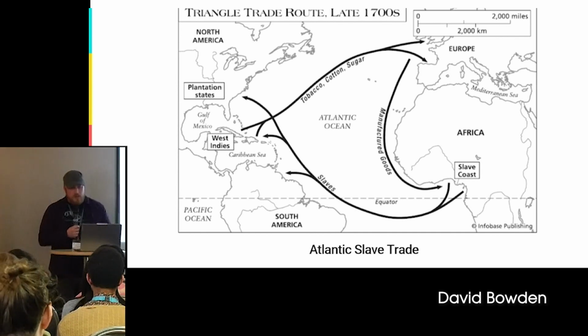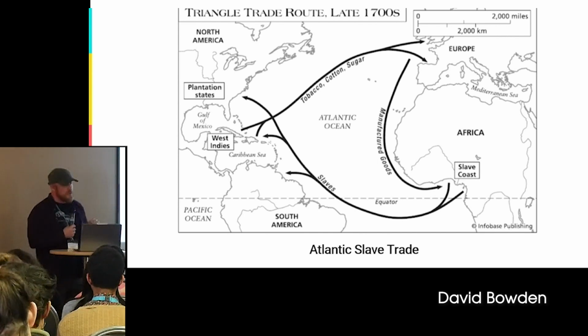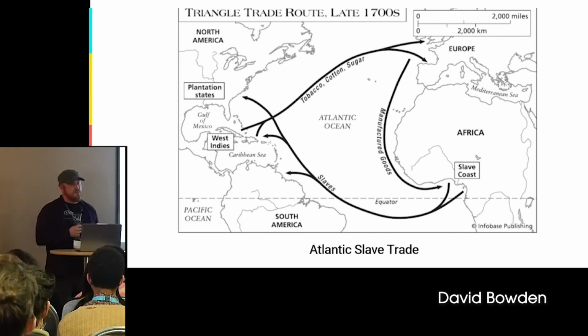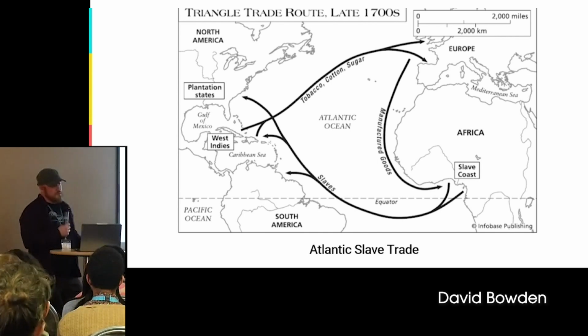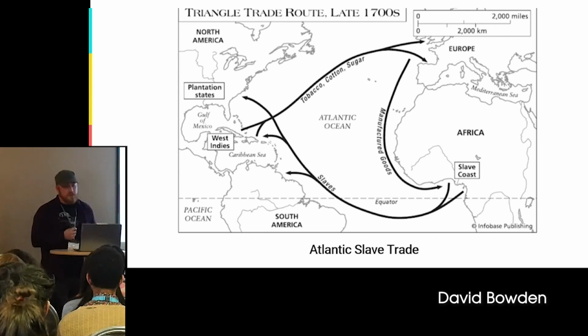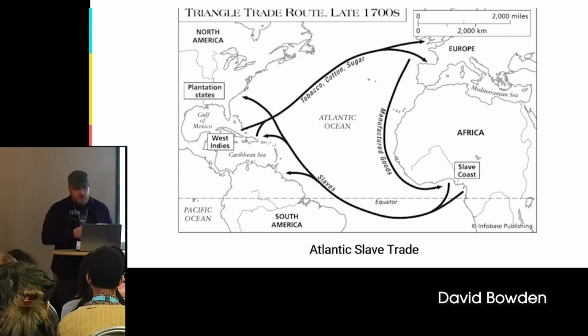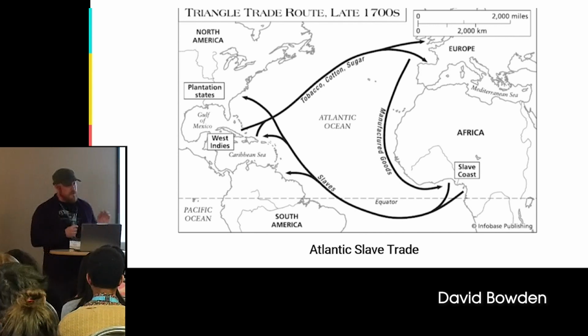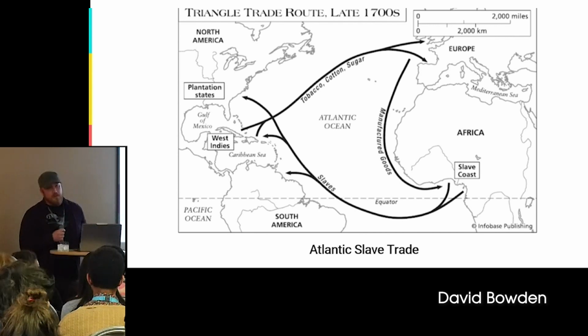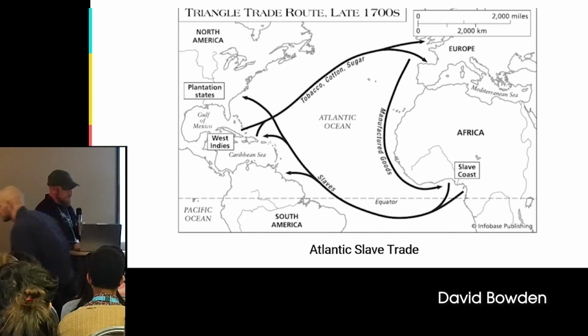And there was also a religious angle. It was seen as bringing slaves into Christianity, and good for their souls. The Church of England was very heavily involved in slavery. In the 1700s, slavery accounted for around 11% of the British Empire's total revenue, so it was a big part of the empire.